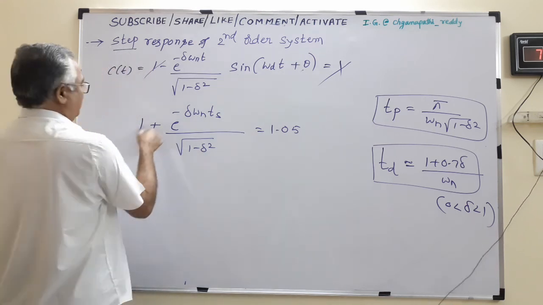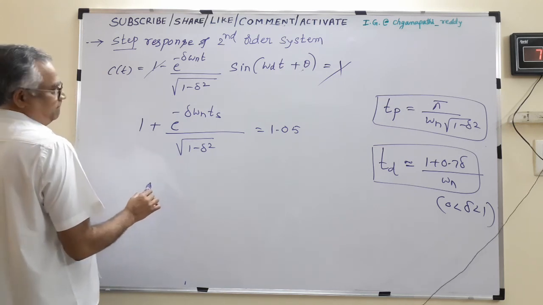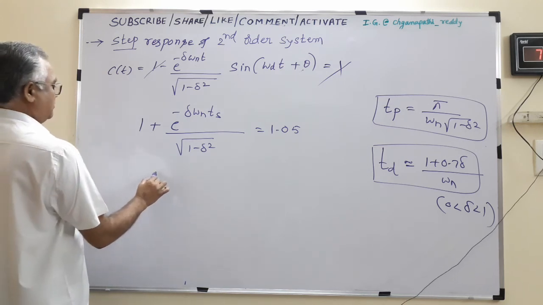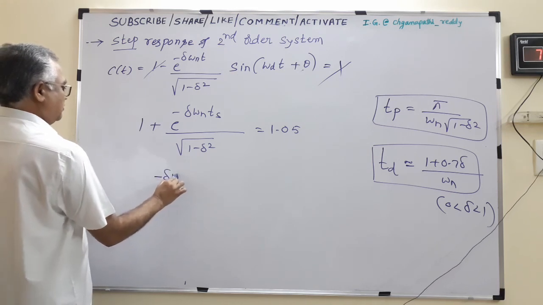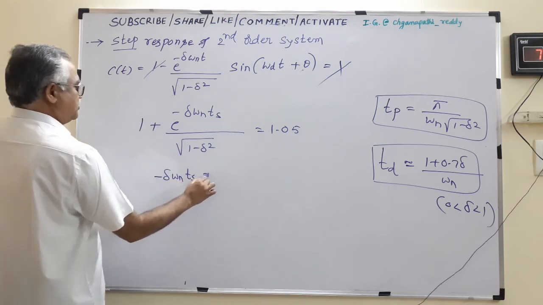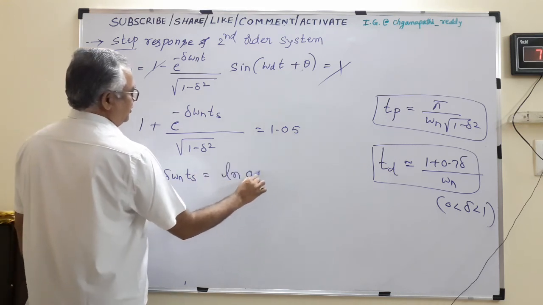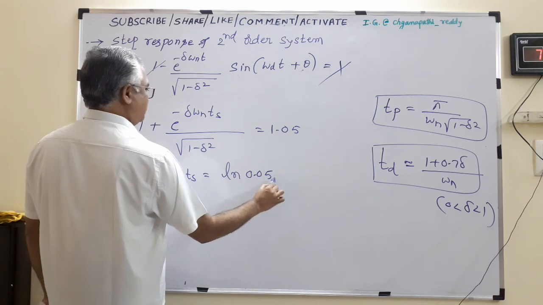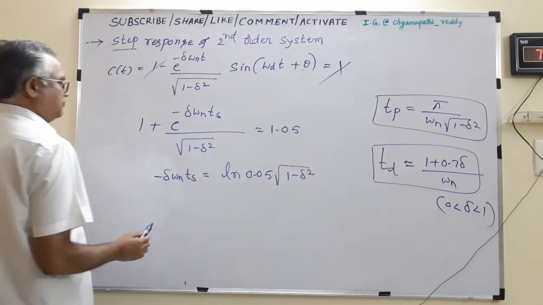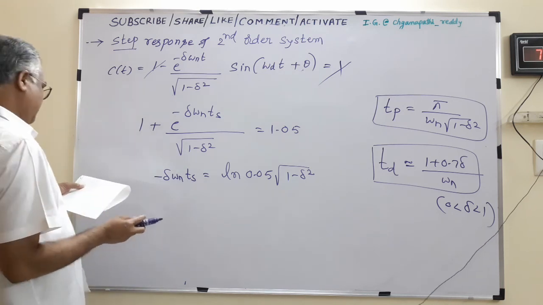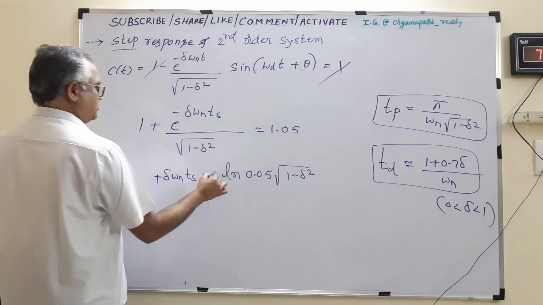Now when 1 cancels, 0.05, then apply natural logarithm. So we will get minus delta omega n Ts is equal to ln of 0.05 root of 1 minus delta square. This is plus, this is minus.